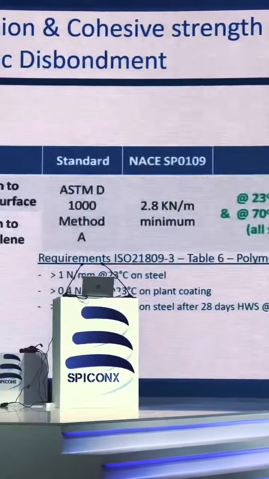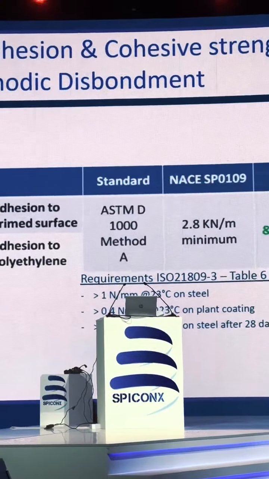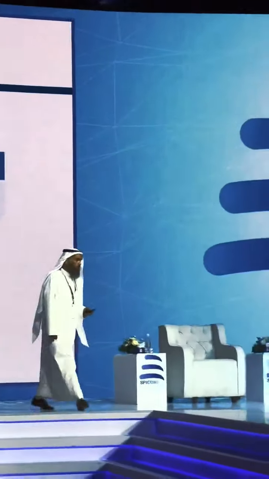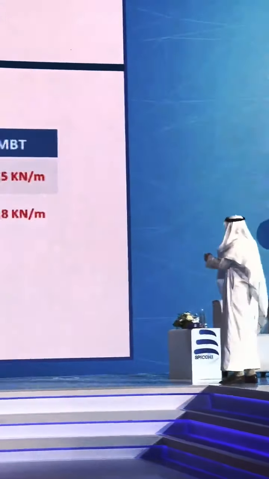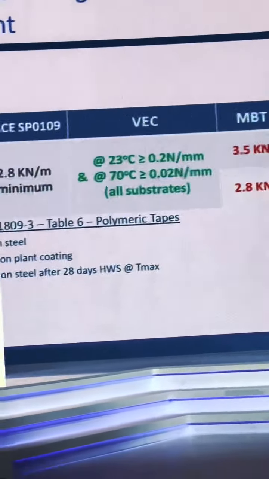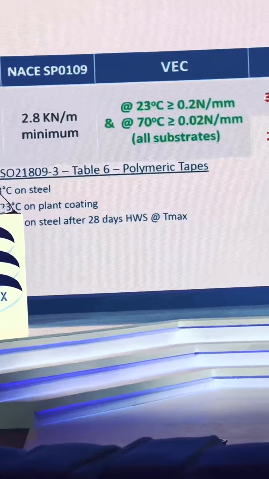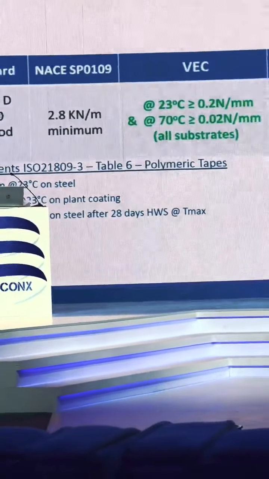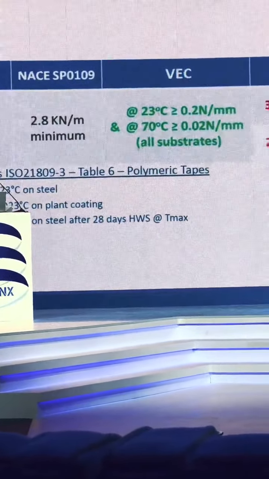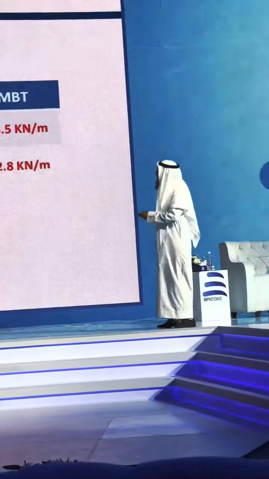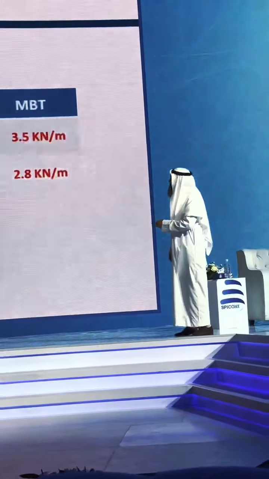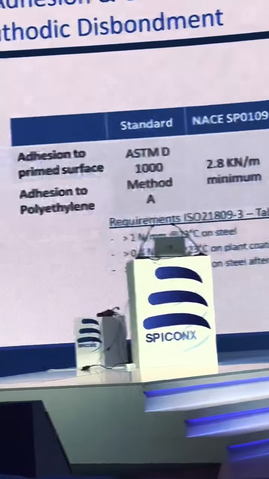Last slide. I made a comparison between the viscoelastic coating, from their data sheet, and Mishback tape coating. At 23 degrees, this is the standard of test. NACE is asking for 2.8 Newton minimum, and the ISO European is asking for 1 Newton per millimeter.